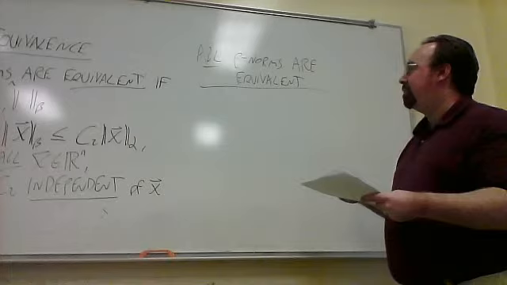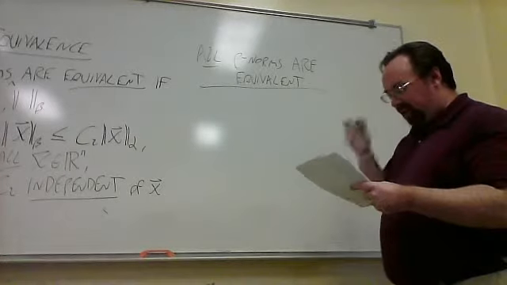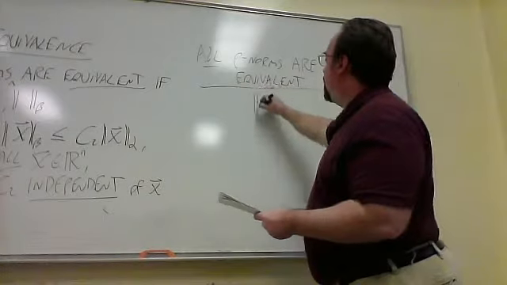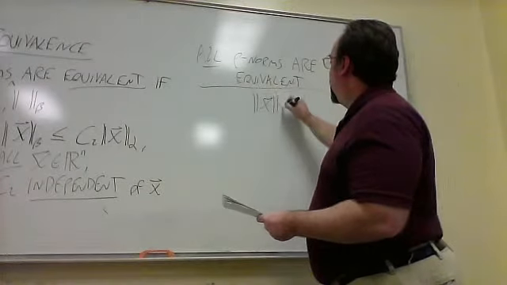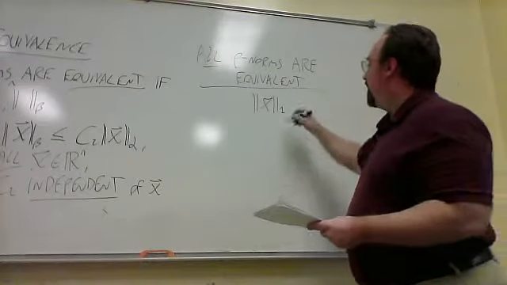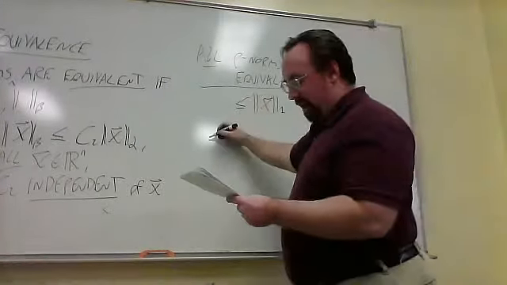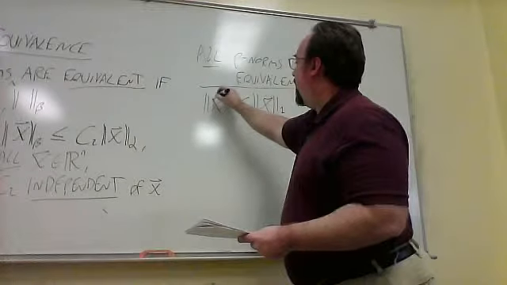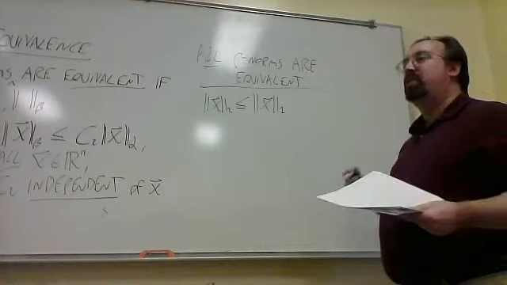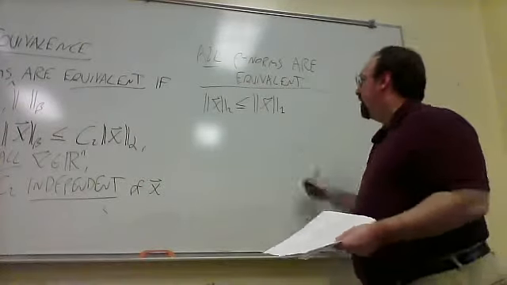And now I'll give an example of norm equivalence for two particular p norms. So it turns out that the one norm of x, which is just the sum of the absolute values of the components, is bounded below by the two norm of x. And this is expected because the larger p is, the smaller the norm of the vector is generally.